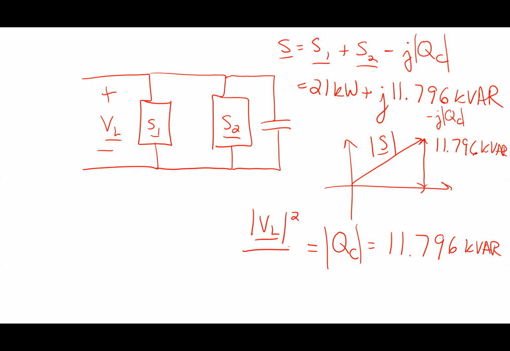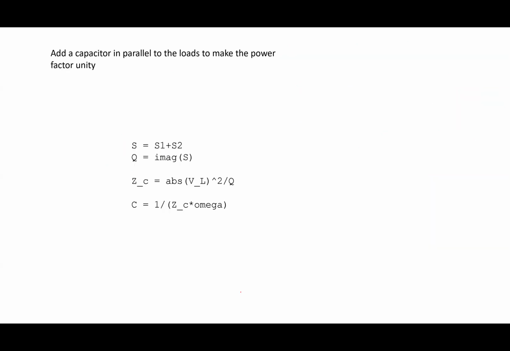What's a capacitor's impedance? 1 over j omega C. The imaginary part of this is 1 over omega C. I need to know what the frequency is. I told you at the beginning the frequency was 60 hertz. So if I plug in 2 pi 60, I end up with a capacitor that is 723.22 microfarads. And I've got my code that I use to solve for that right there.